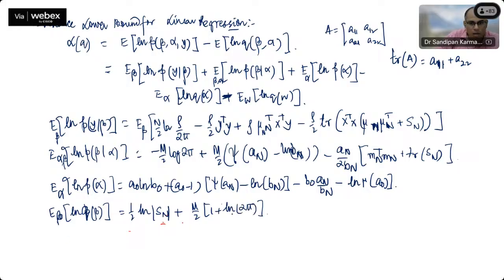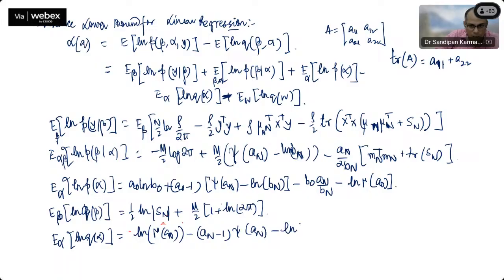Where will you find this particular Sn? Go back to the earlier slide and find the expression from that. Then E of alpha ln q alpha will be ln gamma function of an minus an minus 1 times psi an minus ln of bn plus an.